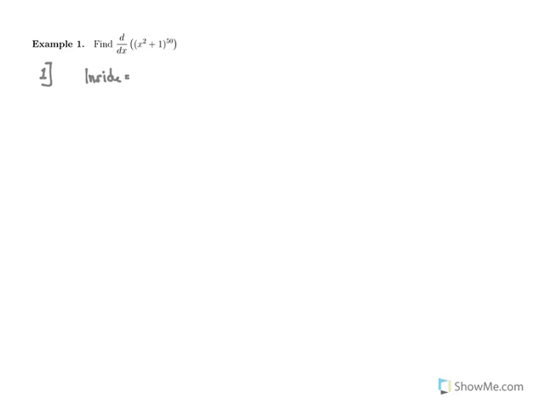So here the inside function is x squared plus 1, and x squared plus 1 is inside of something to the 50th power. Or we can write that as maybe u to the 50th power, or we can write that as x to the 50th power if we want. There's no correct way to do that. It's just thinking about what the outside function is, something to the 50th power. The something is the x squared plus 1.